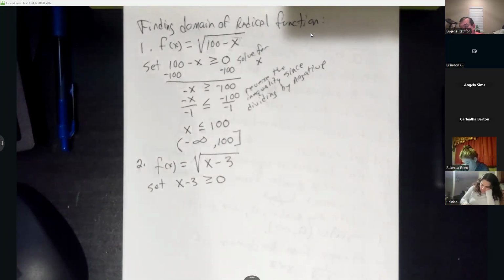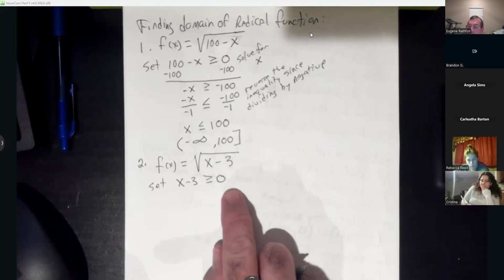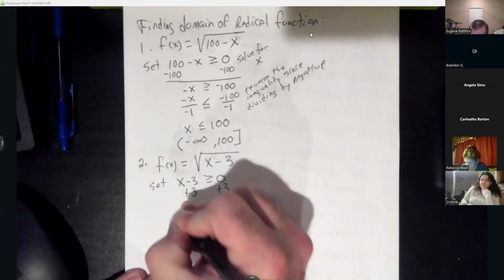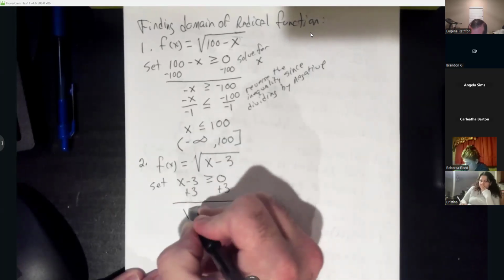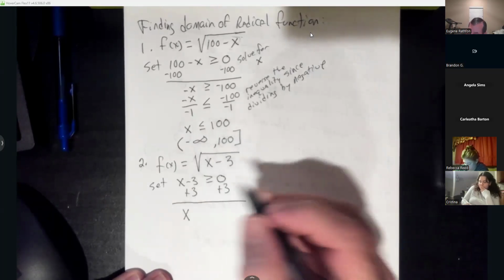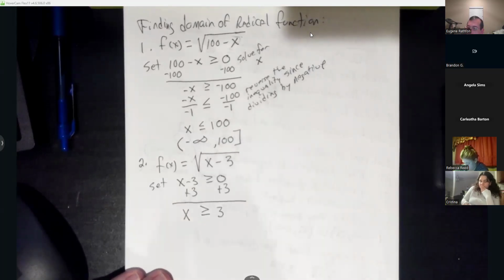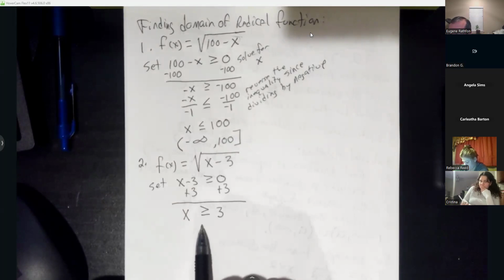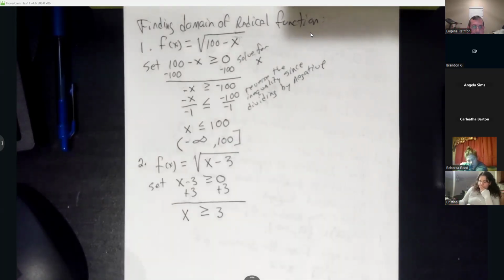So I pretty much just got one move on this one. I'm just going to move that negative 3 by adding 3 to both sides. So bring down my x. The 3's cancel on the left side, and that's going to be greater than or equal to a positive 3. Y'all notice this. I did not flip that because I did not divide by a negative number.